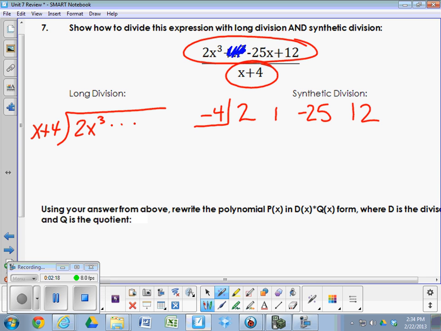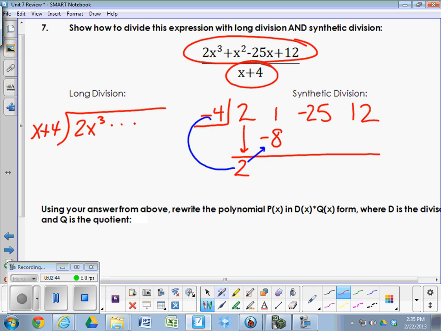All right. Okay, good. So let's go ahead and do the synthetic division process, and it goes like this. You put a line under here with some space because you're going to have to put some numbers above the line. The first step in the process is to drop the 2 down and multiply. Negative 4 times 2 is negative 8. Add.